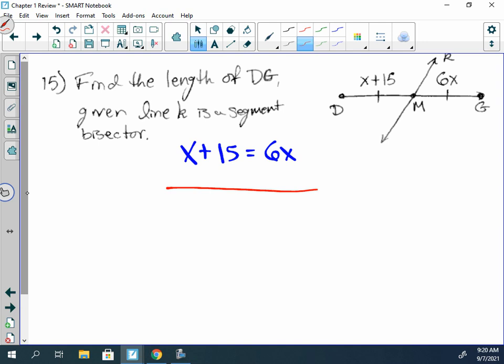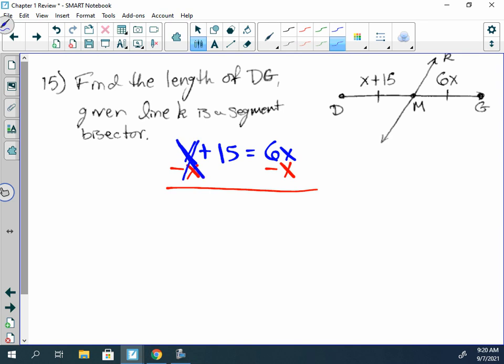Because when we look at this here, do we have numbers on both sides of the equation? Well, I have 15 on one side. Do I have just a number on the other? No. 15 is the only number that we're adding in, yes? Do I have variables on both sides? Okay, let's get those together first.